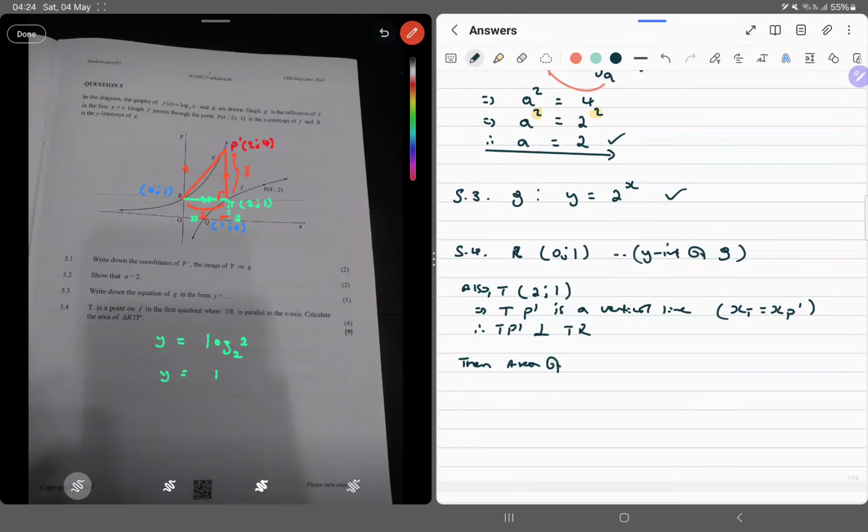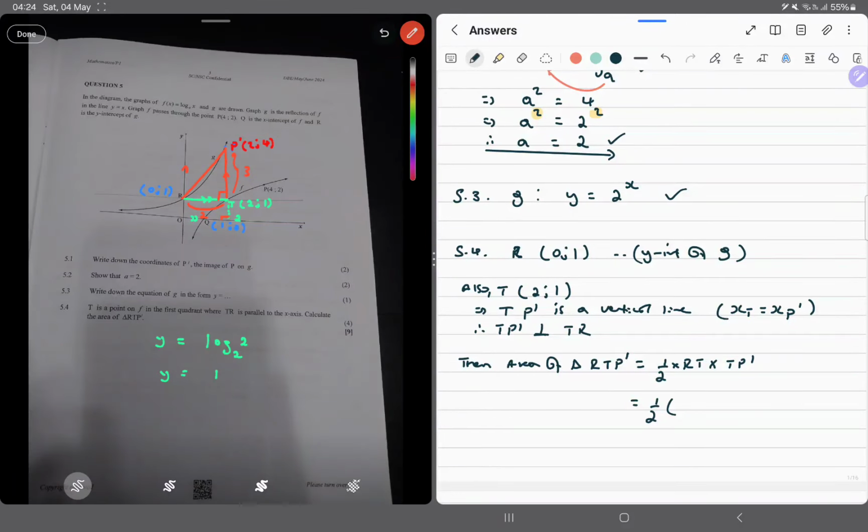Area of triangle RTP prime, which is required to prove, it's going to be half the base side, which is RT, multiplied by the height, which is going to be TP prime. Okay, that's easy.